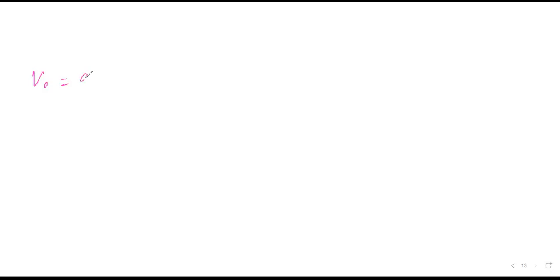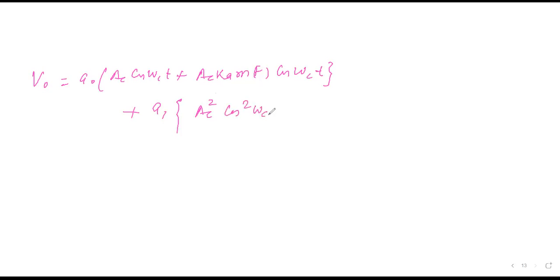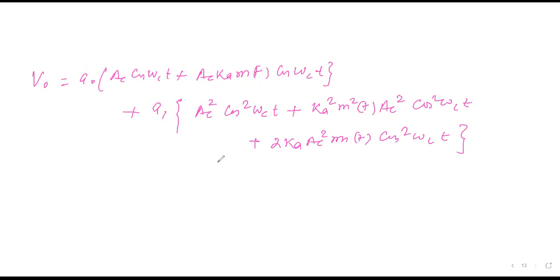So this V0 can be written as a0 Ac cos(omega_c t) plus Ac k m(t) cos(omega_c t), plus a1 into Ac squared cos squared(omega_c t), plus k squared m squared(t) Ac squared cos squared(omega_c t), plus twice k Ac squared m(t) cos squared(omega_c t), right? I have separated them.